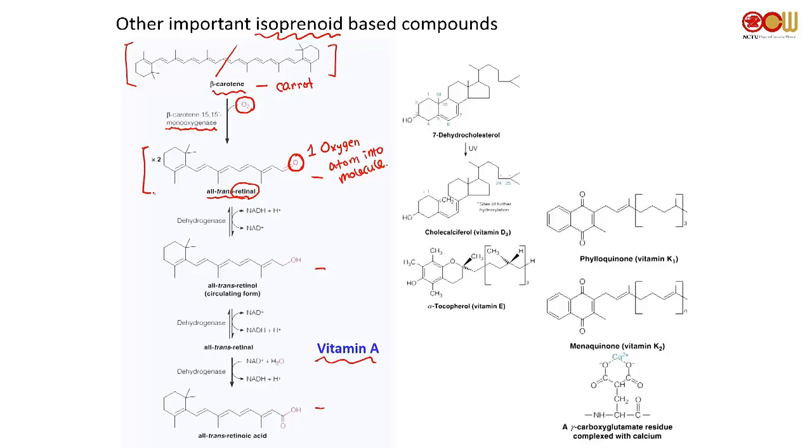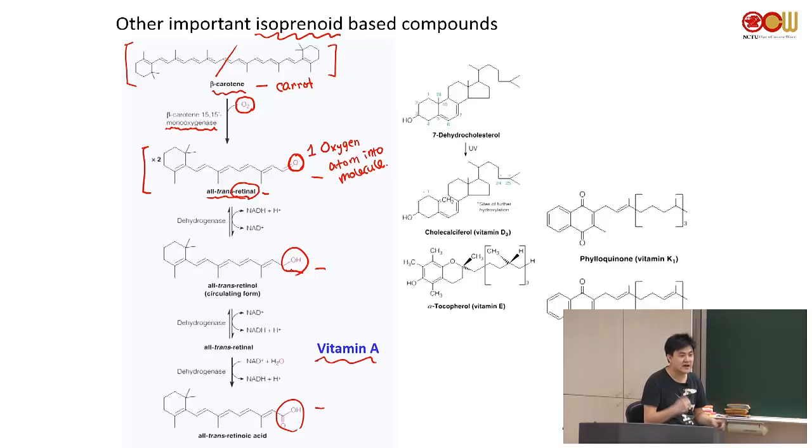Vitamin A, it turns out you have the aldehyde derivative, the alcohol derivative, and the acid derivative. So you have three types of vitamin A: the aldehyde, the alcohol, and the acid. The interconversion is quite simple. Going from aldehyde to alcohol is a what? It's a reduction. Alcohol to aldehyde is an oxidation.